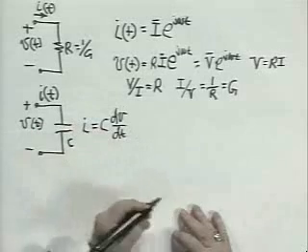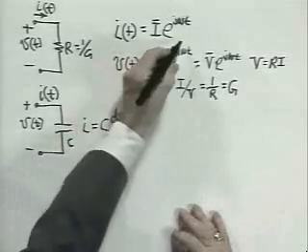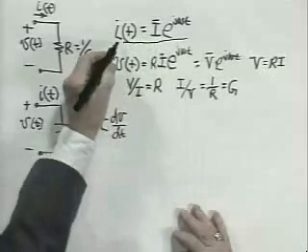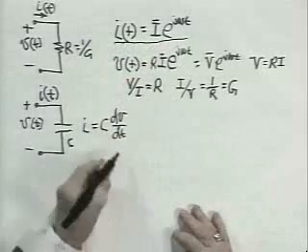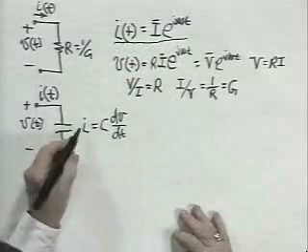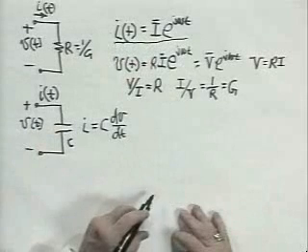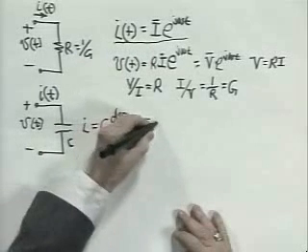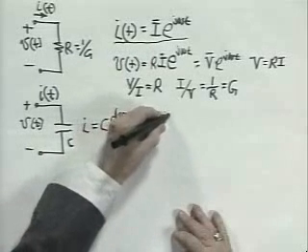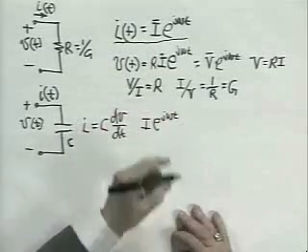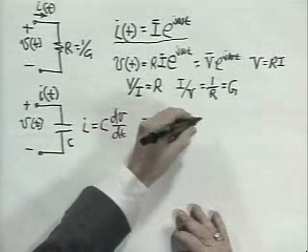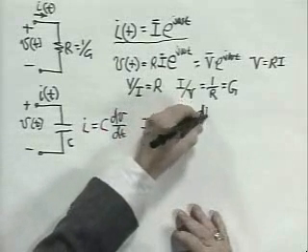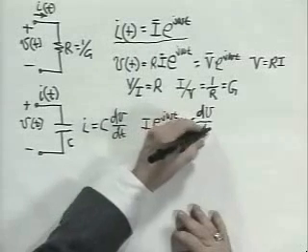Differentiation. Now, if I let I of t be, as I did up here, some complex number times e to the j omega t, and substitute that, I end up with I bar e to the j omega t equals C dV/dt.